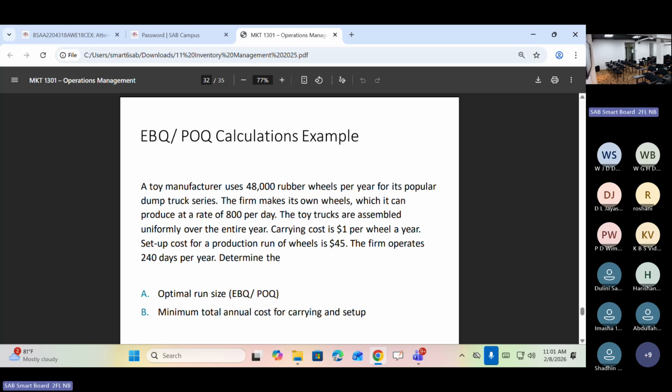What should be the optimal run size for EBQ?